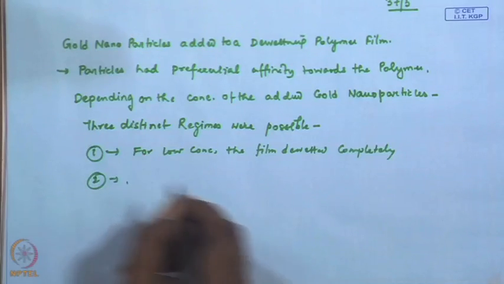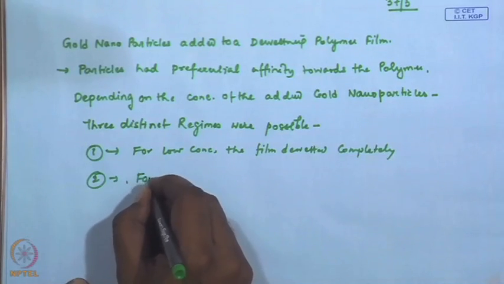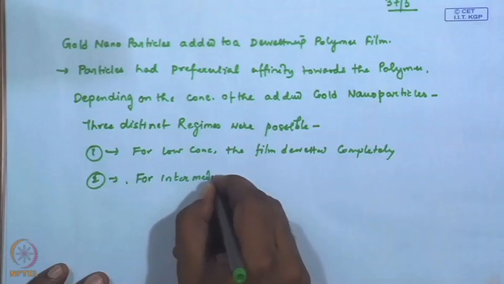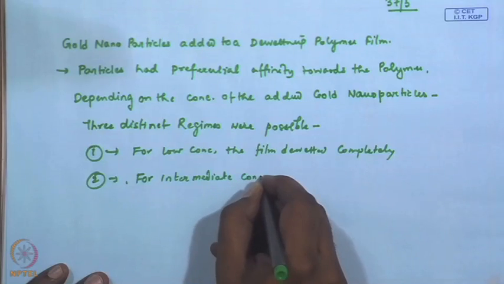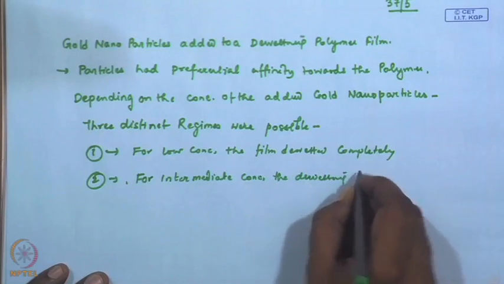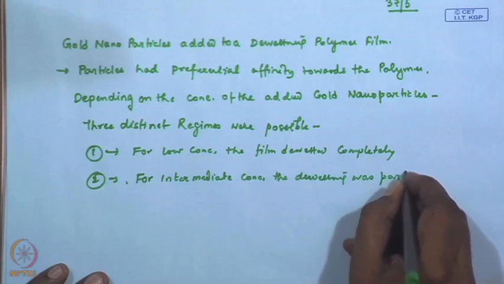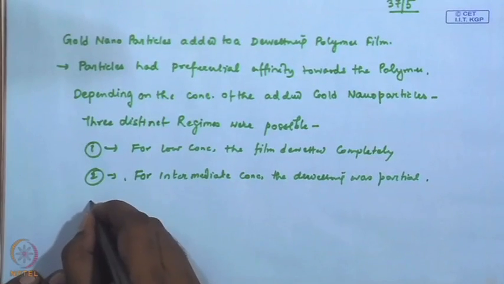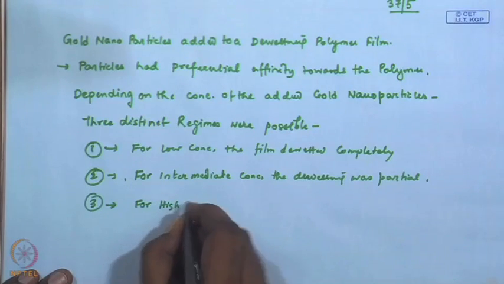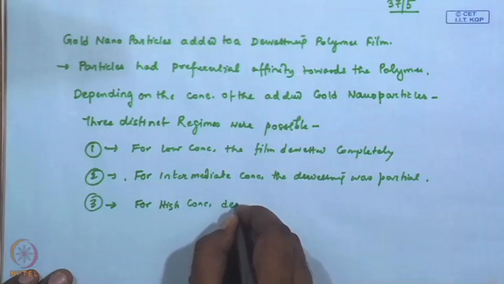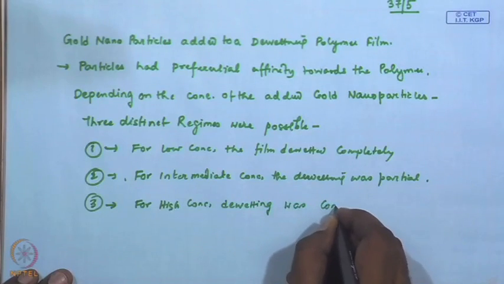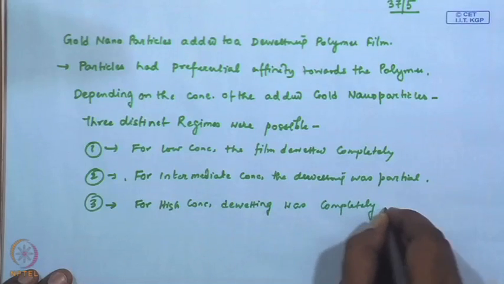For intermediate concentration, the dewetting was partial, and for high concentration dewetting was completely suppressed.